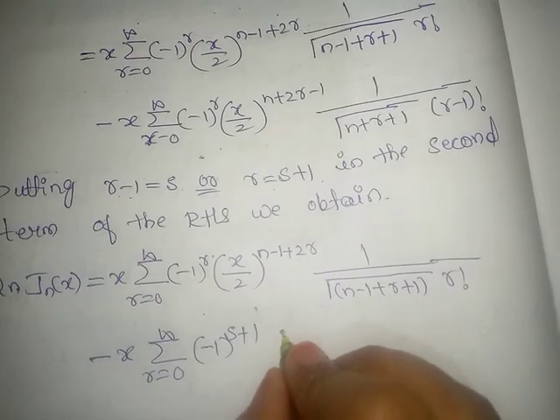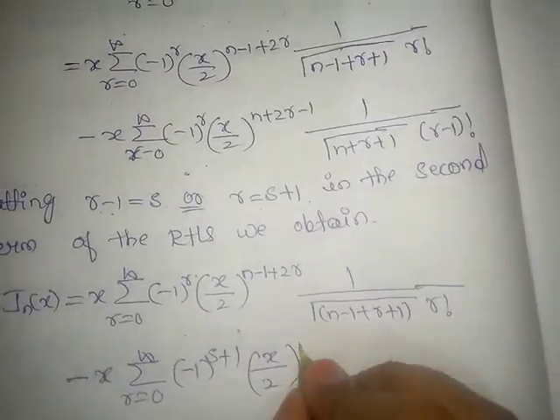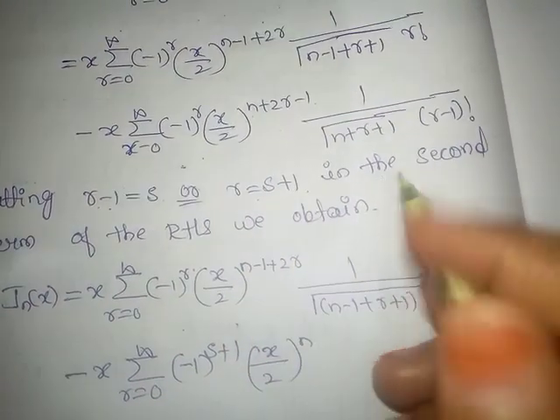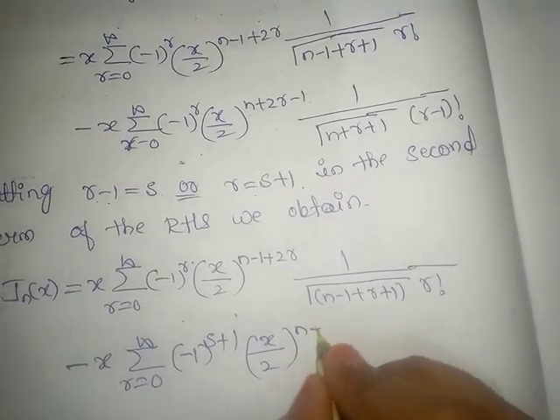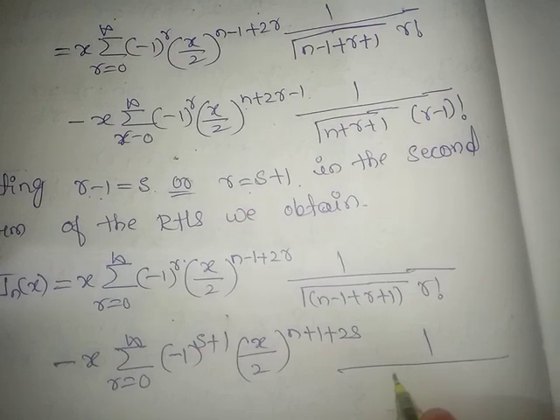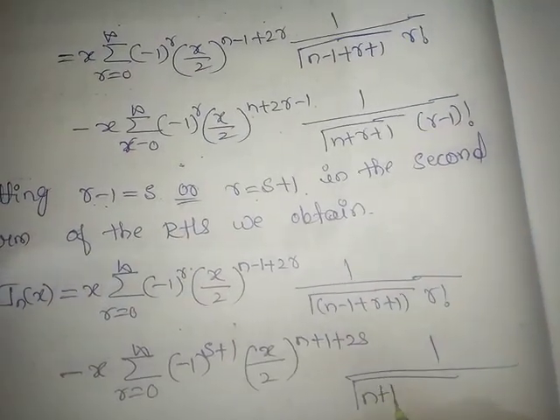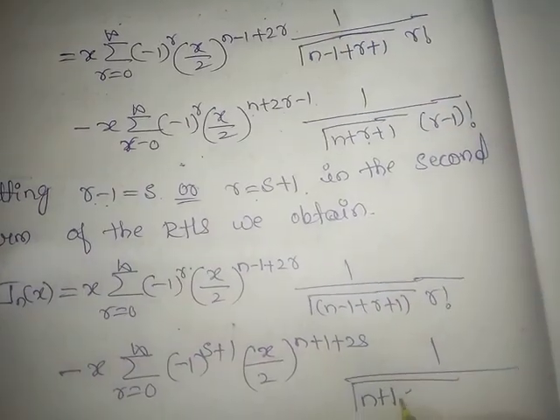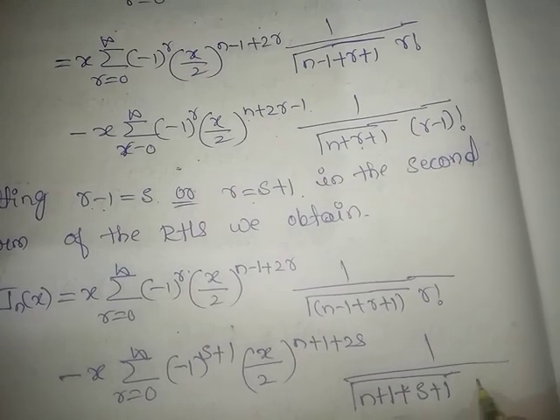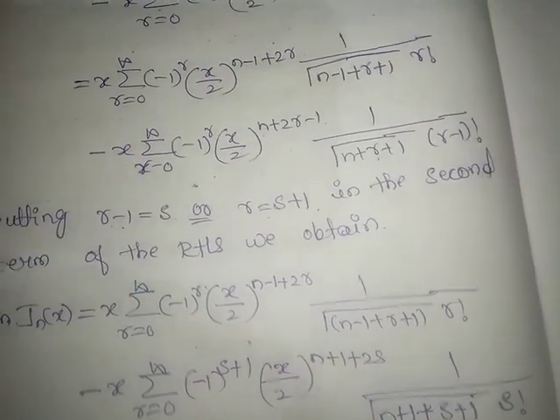In the second term, x by 2 raised to n, here we have n plus 2r minus 1. Substituting r as s plus 1, we get n plus 1 plus 2s, 1 divided by gamma of n plus 1 plus s plus 1, into r minus 1 which is s, into s factorial.